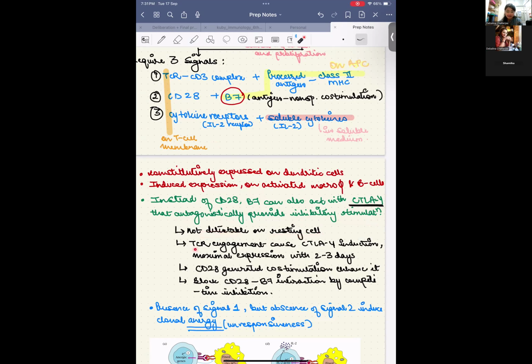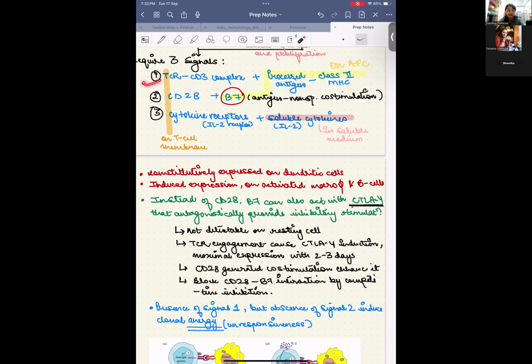Once your TCR is engaged, this engagement eventually leads to CTLA4 induction. As soon as we have this signal coming up, CD28 was already there, but eventually the number of CTLA4 is going to increase, and the expression is at maximum in 2 to 3 days' time.